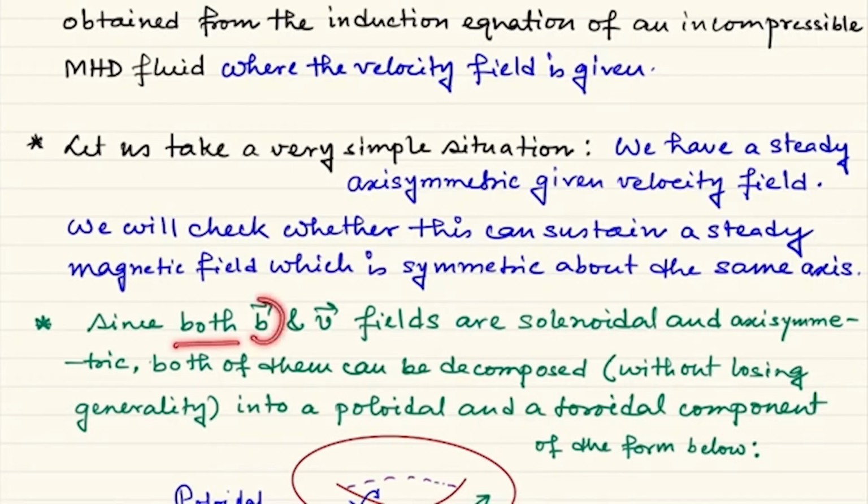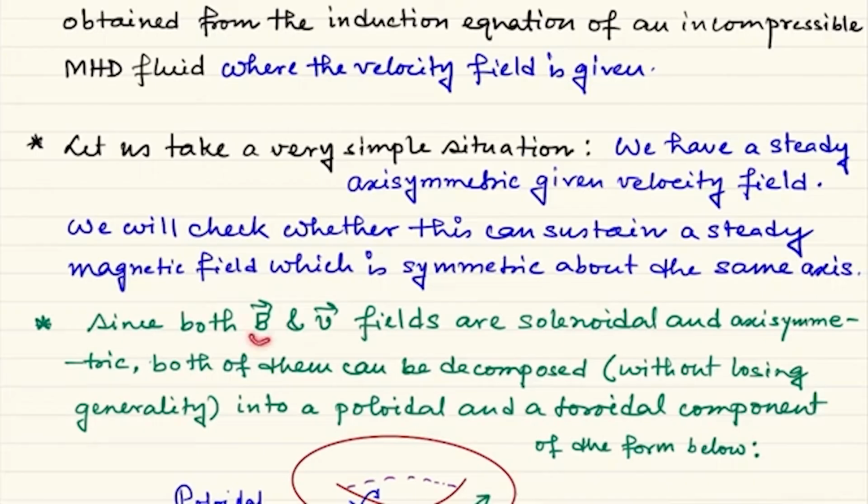Since both B and V, that means the magnetic field and the velocity field, are solenoidal, that means they have divergence 0, which is the case for incompressible turbulence, and if they are axisymmetric, then both of them can be decomposed, without losing any generality, which is very important, into a poloidal and a toroidal component of the form below.